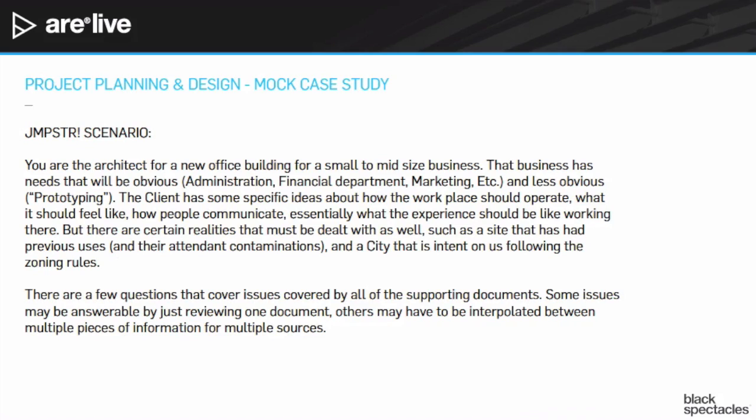There are a few questions, and the issues covered can be found in the supporting documents. There are a few you can probably answer without even going through the supporting documents. Some may be answered from one document. Others may have to be interpolated between multiple pieces of information as we go through the multiple sources.